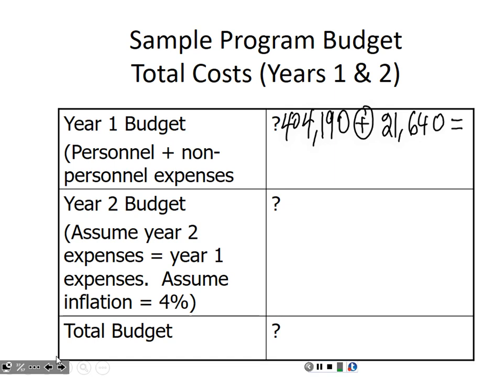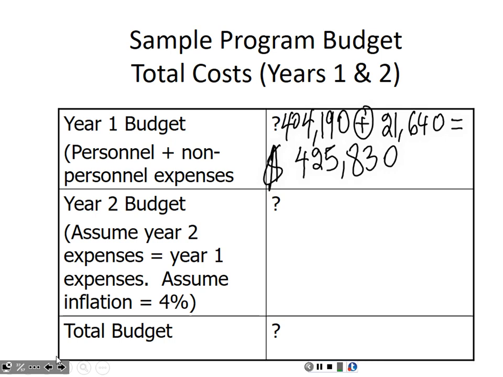Then this is gonna give us our year one budget, right? Which is 425,830. Okay? So this is our year one budget, personnel plus non-personnel expenses. Everyone knows how we got there.